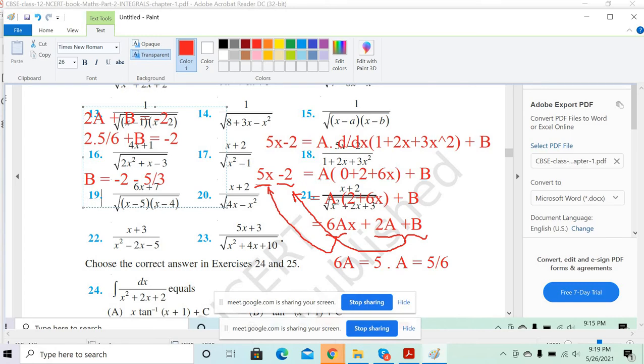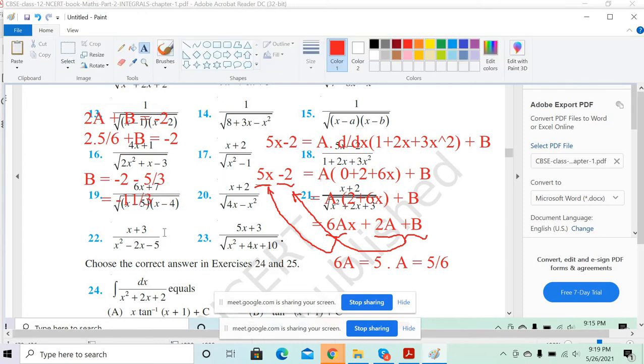Yes, sir. So b will be equal to minus 6 minus 5, that is minus 11 by 3, isn't it? Yeah. So once you get the values of a and b, you just have to substitute them here. The a value is 5 by 6, the b value is minus 11 by 3.